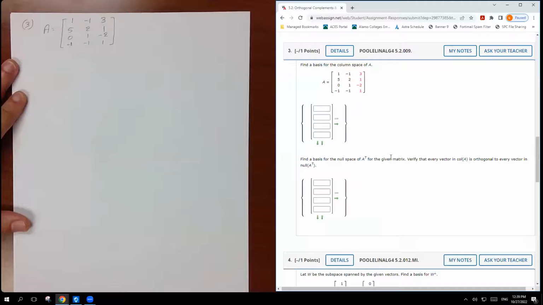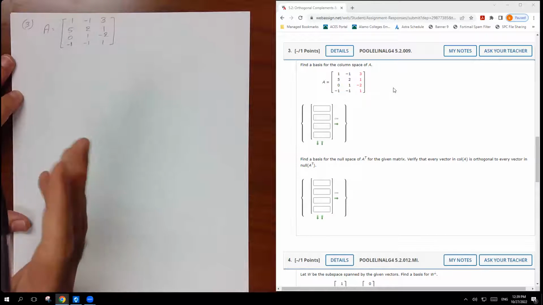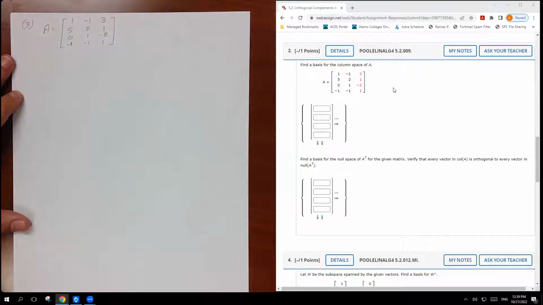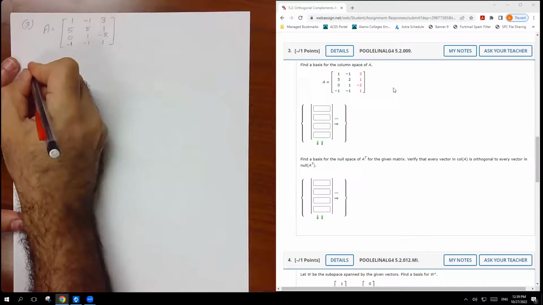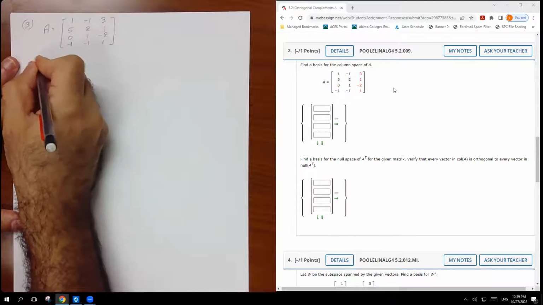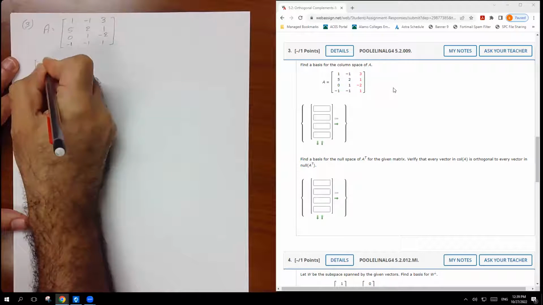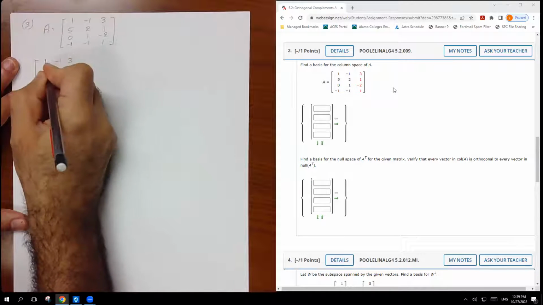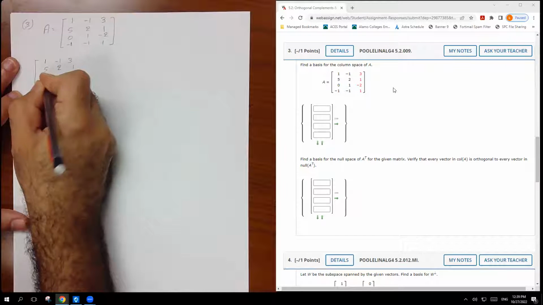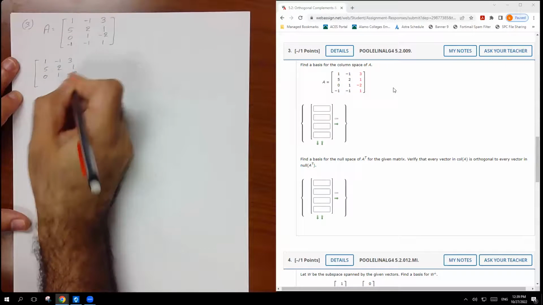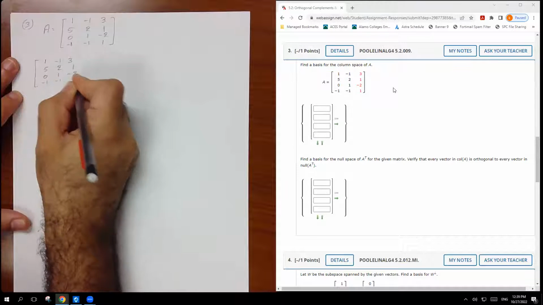So the first thing they ask you is to find a basis for the column space of A. Before I start working on this one, I need to reduce the matrix. So we're going to reduce the matrix A, which is 1, -1, 3, 5, 2, 1, 0, 1, -2, -1, -1, and 1.